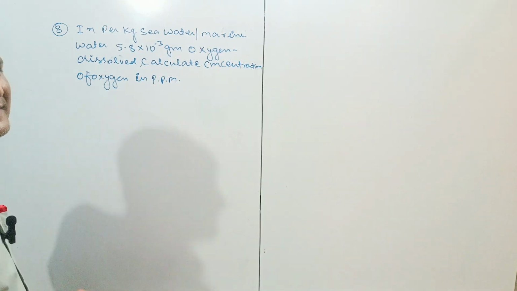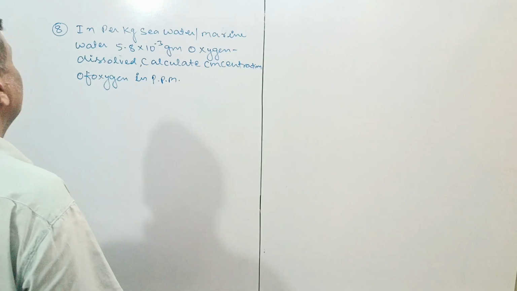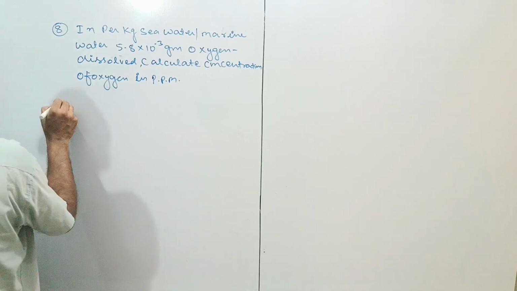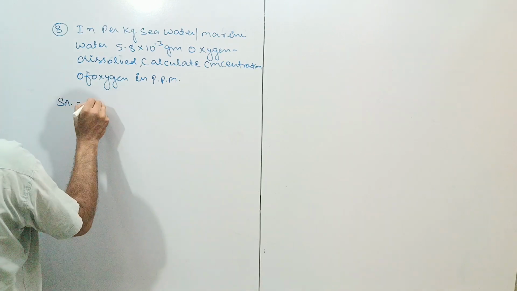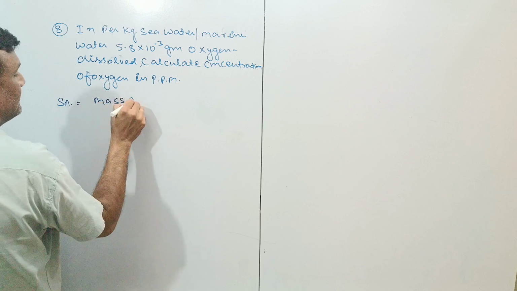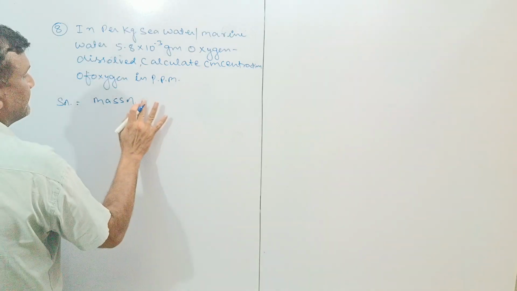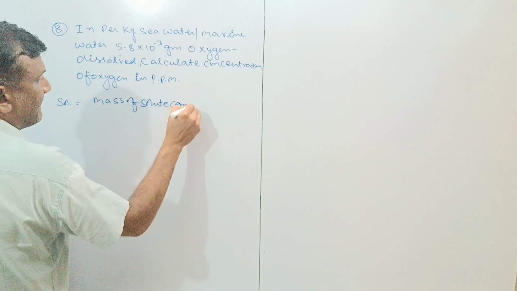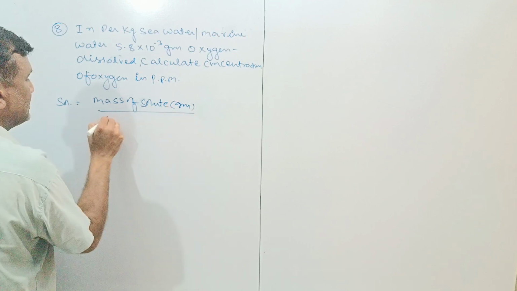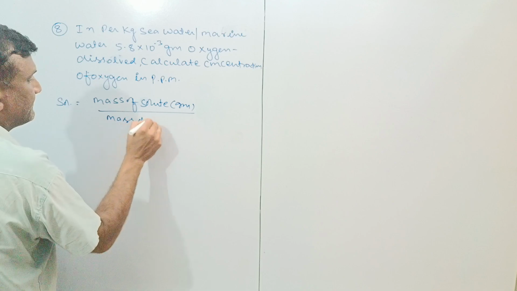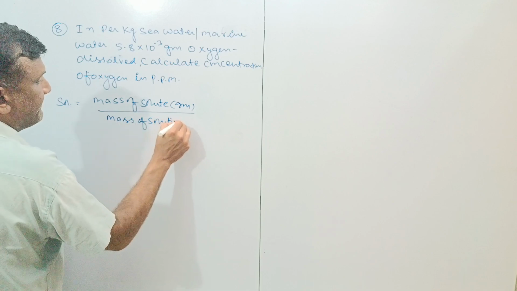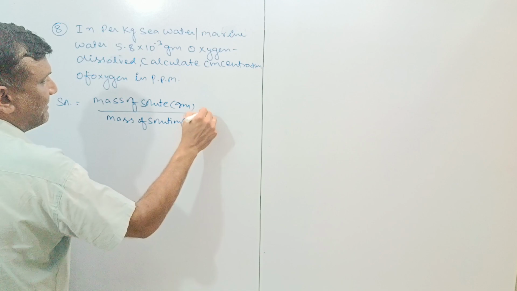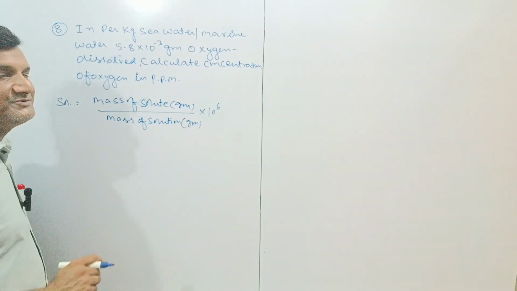It's not a big deal, just use the formula for ppm. This is the mass of solute in gram upon mass of solution in gram, multiplied by 10 to the power 6, parts per million.